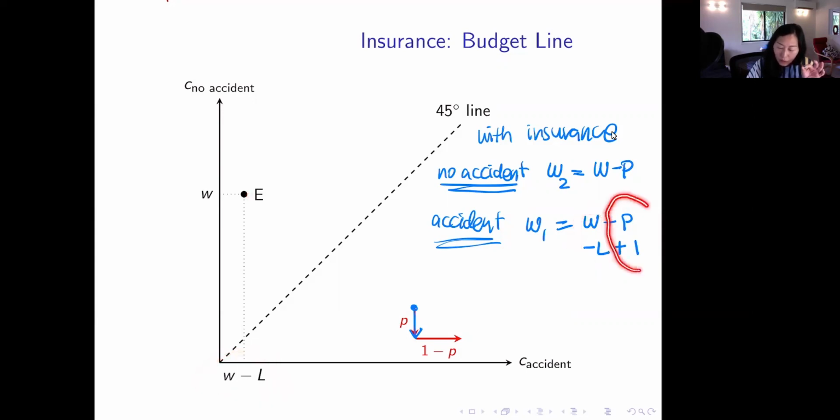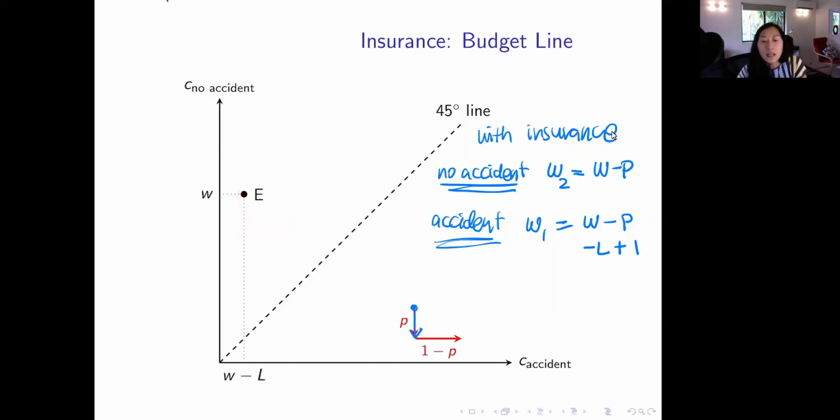Now you pay the insurance, the price, the cost of 1 unit of insurance, and you are compensated. You are paid out by 1 unit of X, like $1 of X, and that is how your state contingent consumption sets move from point E to something like this point with the insurance.